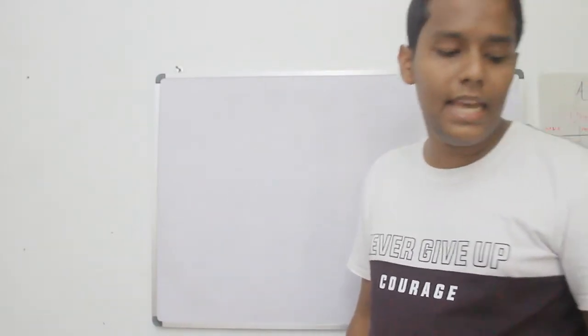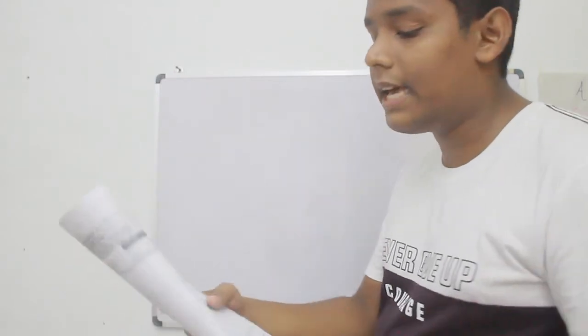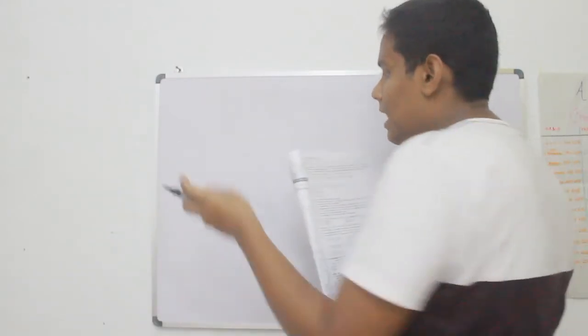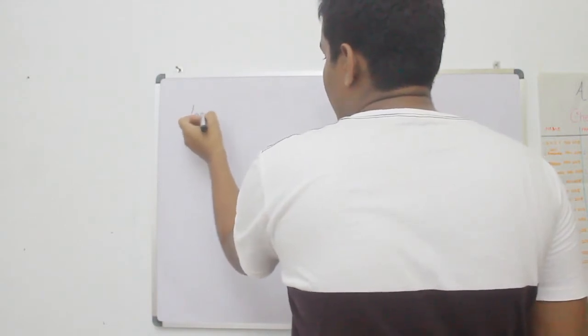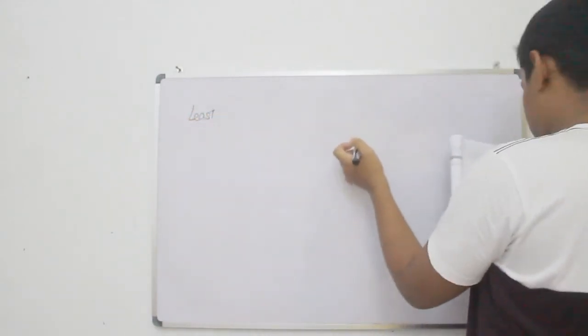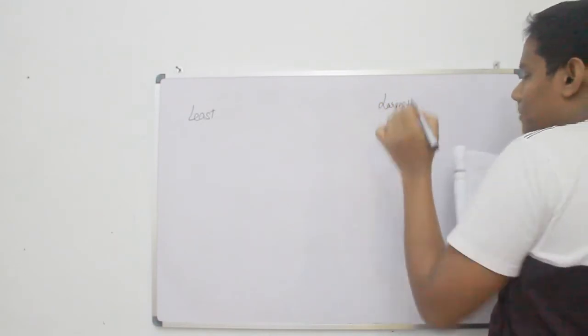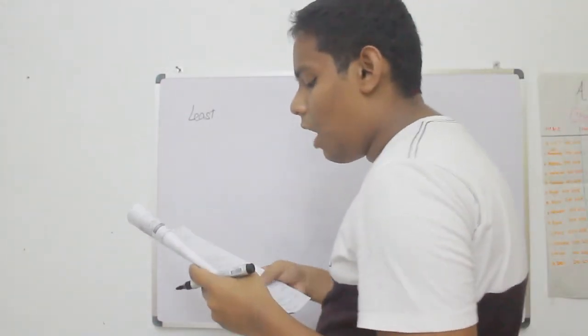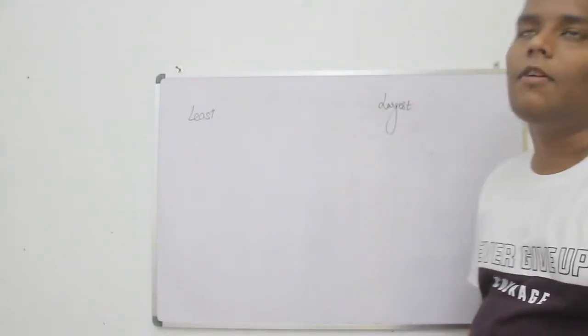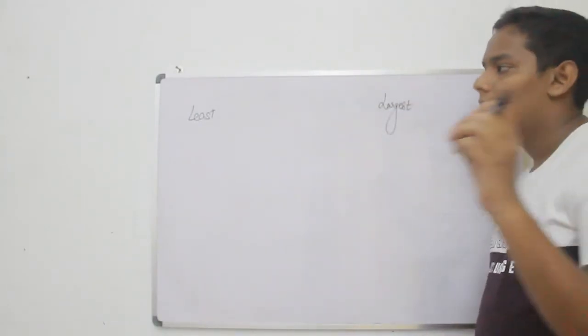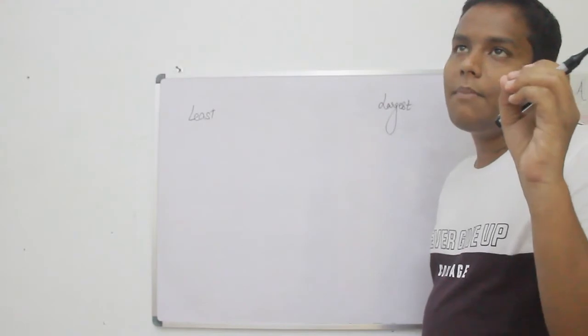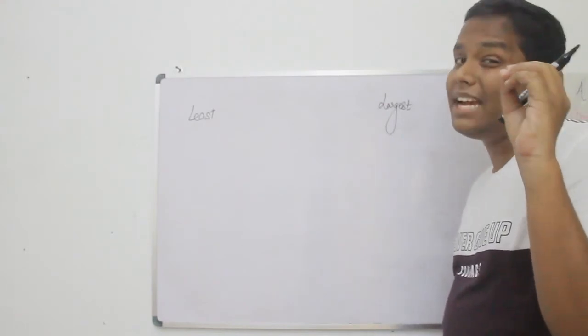Look at the first one. Lithium, sodium, magnesium, sulfur. From left to right, it should increase, which means the least one should be on the left and the largest one should be on the right. Now, lithium belongs to period 2.